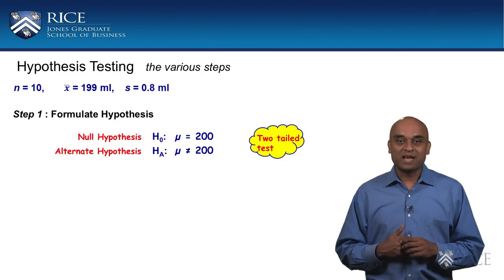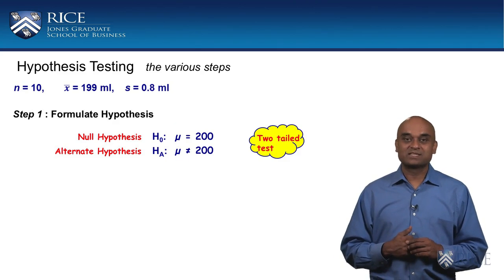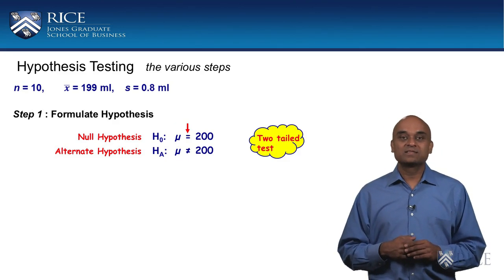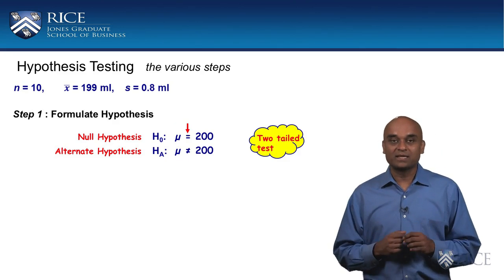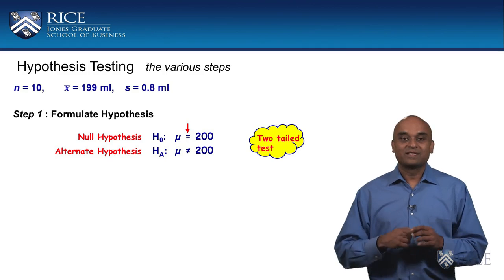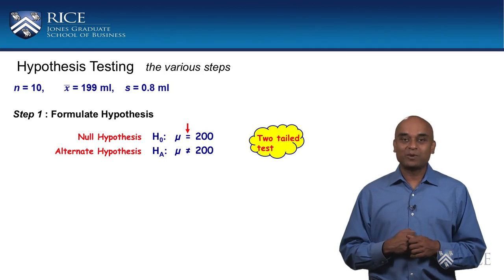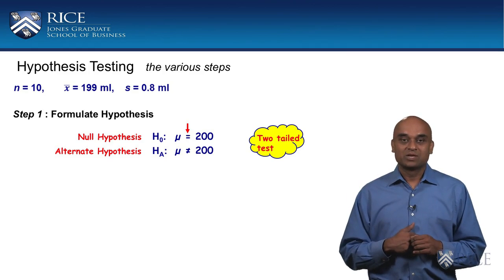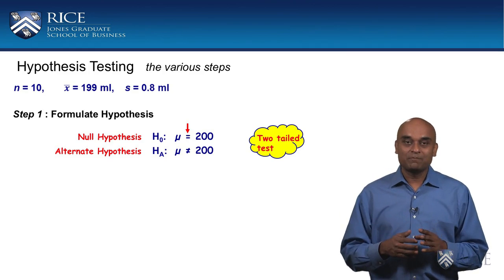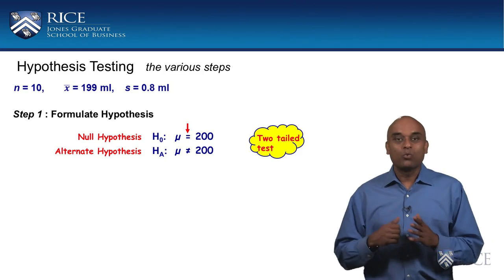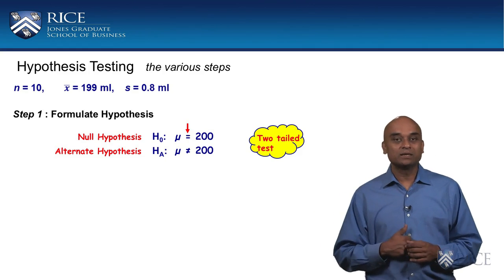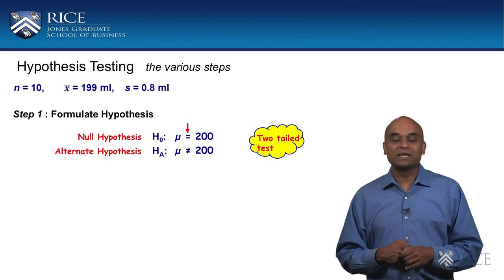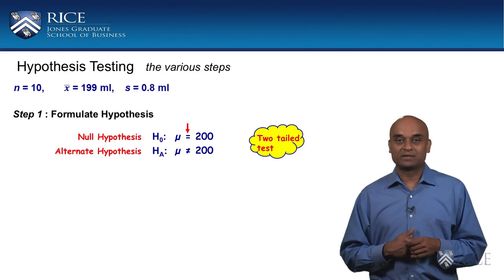Another thing about this null and alternate hypothesis is that it is a two-tailed test. There is a strict equality in the null hypothesis. The claim being made is that the population mean is equal to 200 milliliter. So, you would reject the claim if you get a sample mean way above 200 milliliter, and you would also reject the claim if the sample mean is way below 200 milliliter.